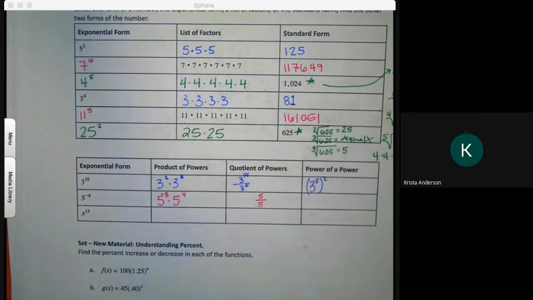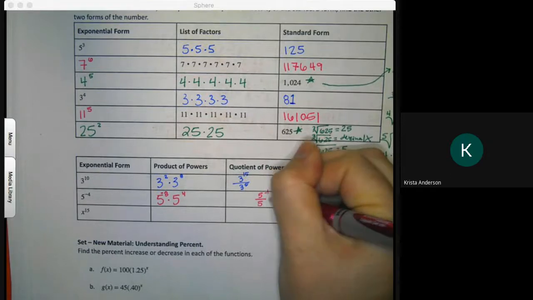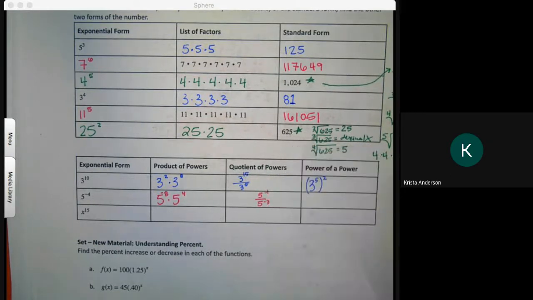This one's kind of tricky. I need to get a -4. What did you do? I did -1 on the top and -3 on the bottom. That would give you a -2, because -1 minus a -3 changes it to a positive.